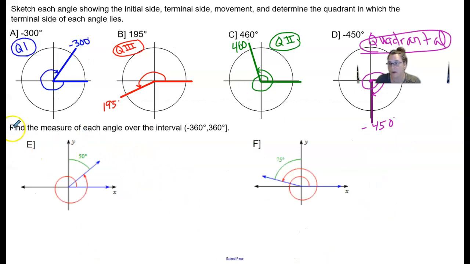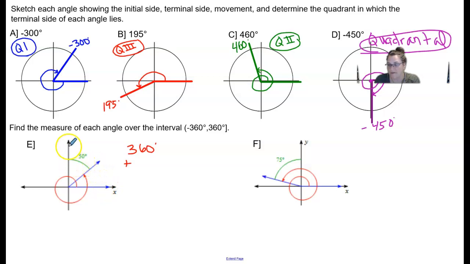Okay, so in problem E, we want to find the measure of each angle over the interval negative 360 non-inclusive to 360 inclusive. So when we look at this angle, we notice the markings here indicate we start at the terminal side and we're rotating counterclockwise, so in the positive direction, 1 full rotation plus this little bit. So that's going to be 1 rotation, which is 360 degrees, plus, and then the little bit here is the blue angle.